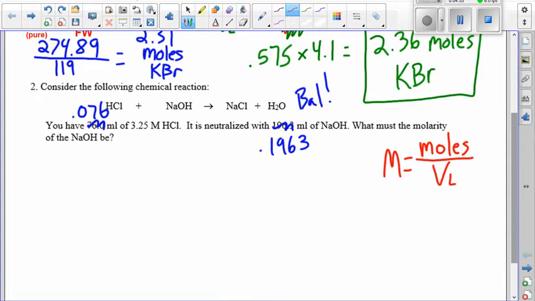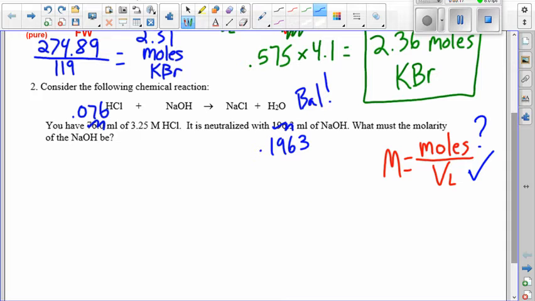So in order to find the molarity of something, we have to know the moles and the volume. That's the only way we can do that. In this problem, we're given the volume of NaOH at the very beginning, but we don't know how many moles we have. So we need to find the moles of NaOH before we can find the molarity.